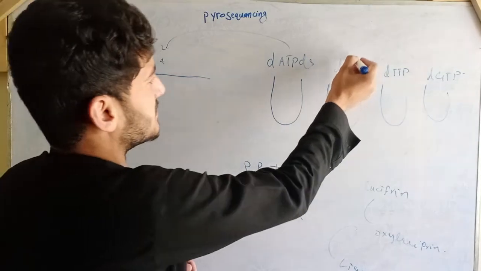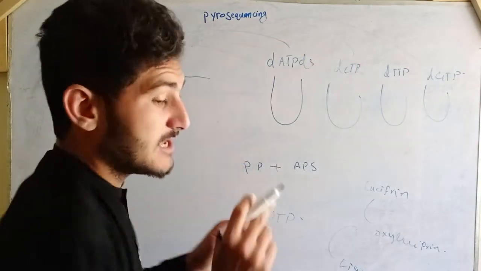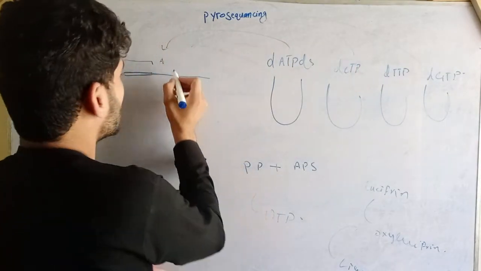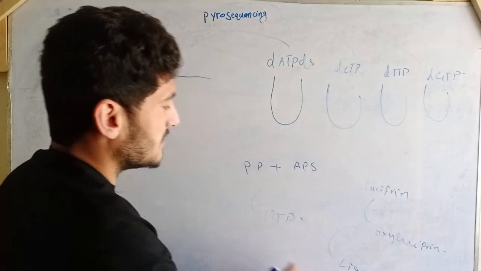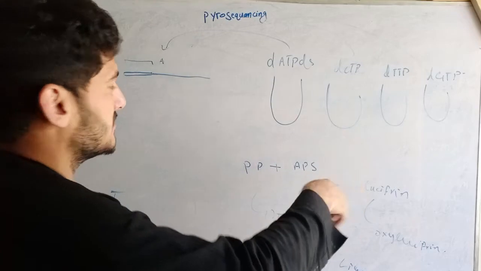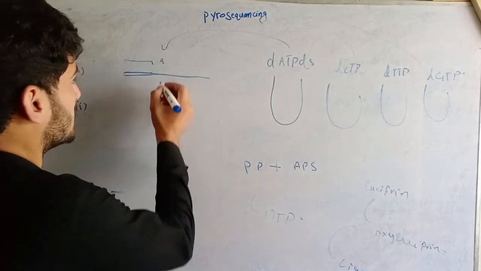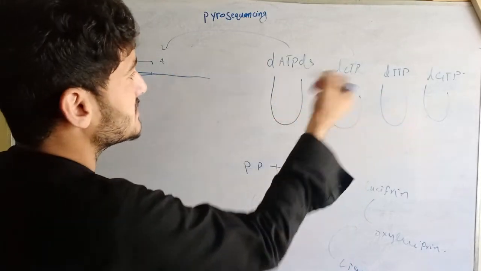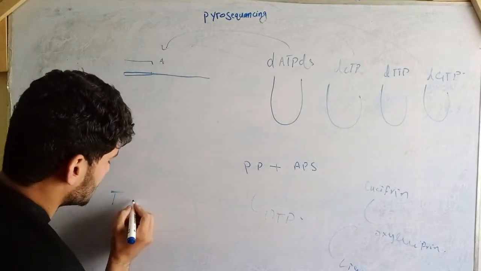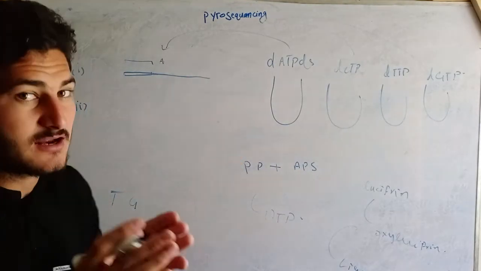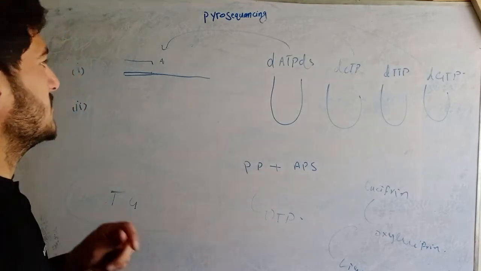When we add dCTP and it is attached, light is produced, and this whole process is a cycling process. So when we add dCTP, here the complementary G is present, which is shown in the pyrogram.